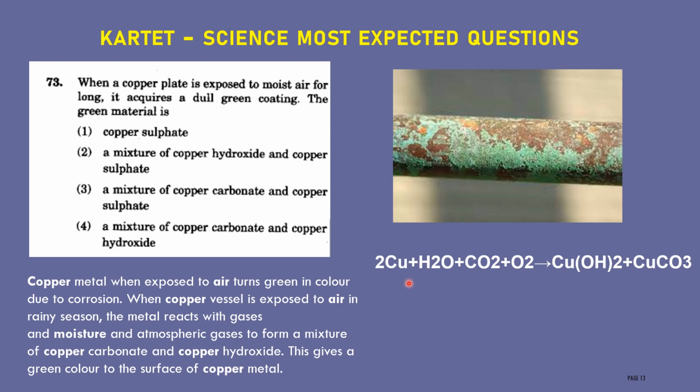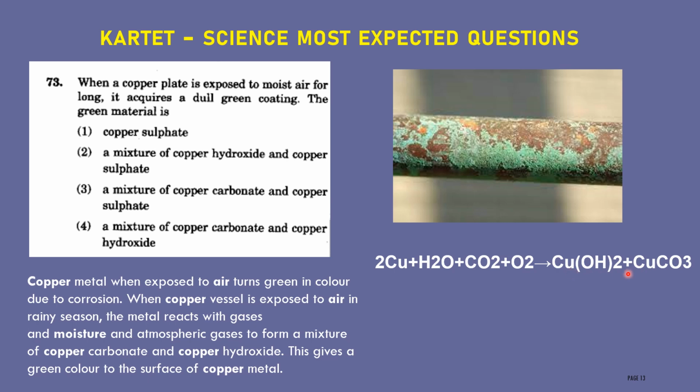When you expose copper to the atmosphere, moisture is there, and different types of gases are there. Copper will react with water, carbon dioxide and oxygen present in the air, and you will get copper hydroxide and copper carbonate.